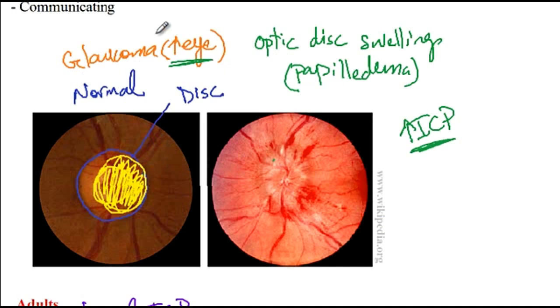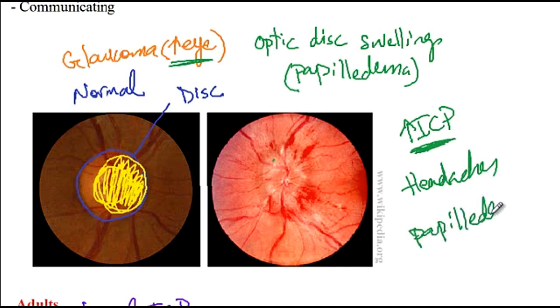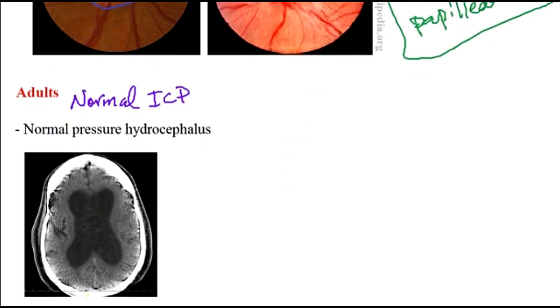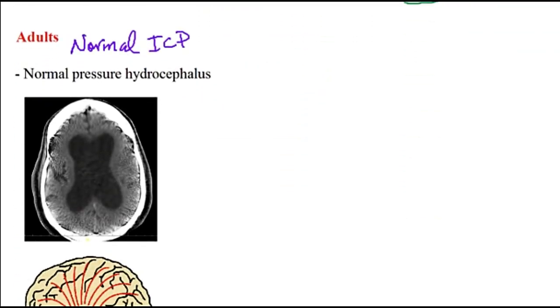And so with patients that have the communicating or non-communicating hydrocephalus, in addition to the elevated intracranial pressure, they also present with headaches as well as papillary edema. The next condition is normal pressure hydrocephalus, which is more commonly seen in adults, and as the name implies, it's a normal pressure.